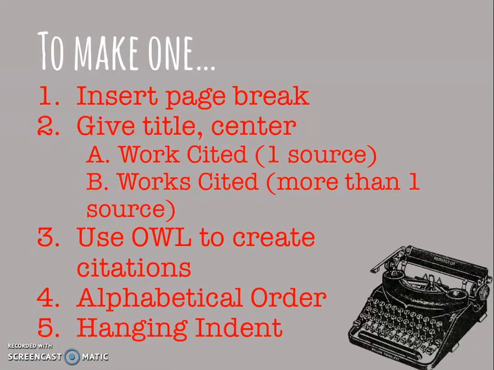A hanging indent is the opposite of what we do with paragraphs. With a paragraph, you indent the very first line, but with a hanging indent, you indent the second, third, and sometimes even the fourth line, so that the top line goes all the way to the left and everything that follows it is tabbed over one time until you get to your next citation. I will show you exactly what I mean by that in video number 2.